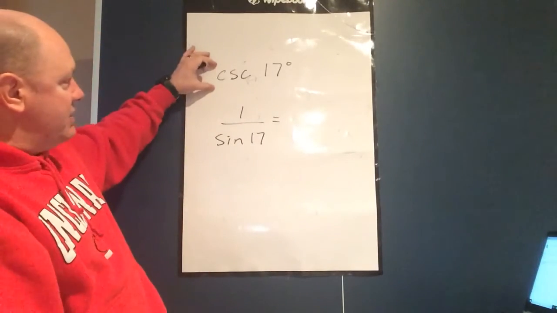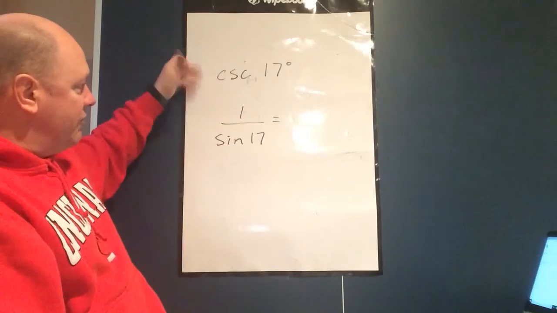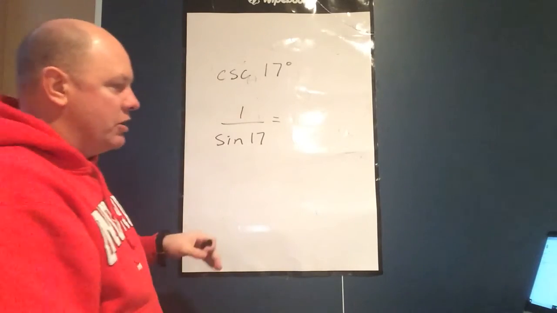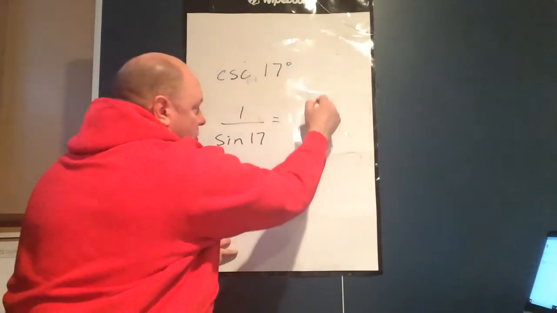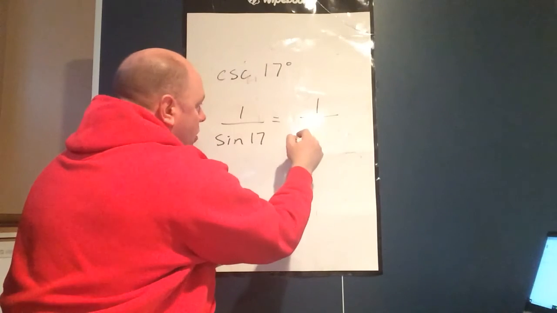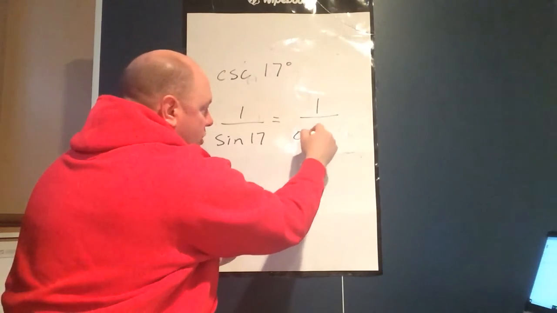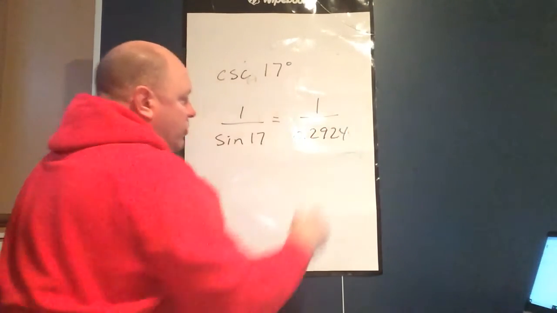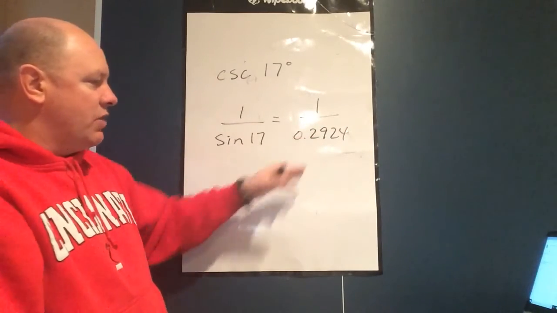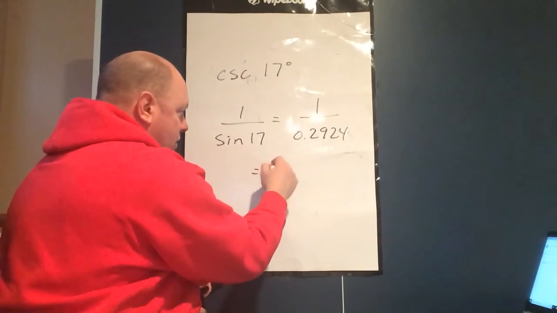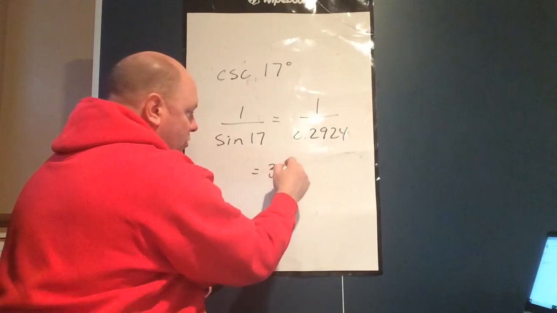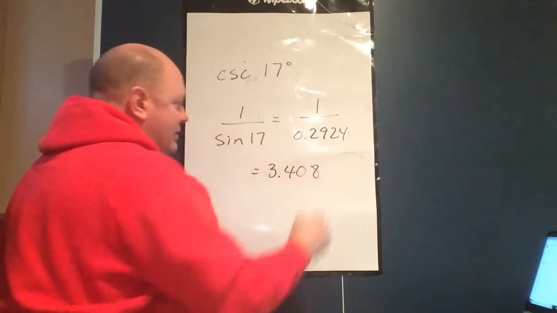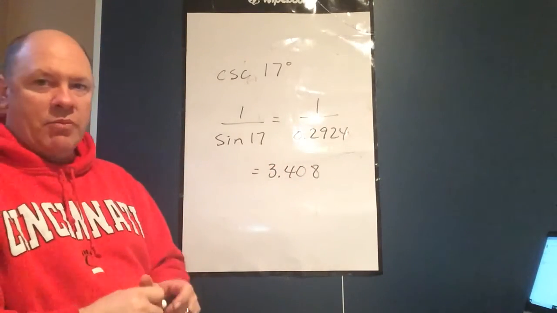I'm flipping the ratio, and now we find our value. 1 over 0.2924, which I took to 4 decimal places, and our final value is 3.408.